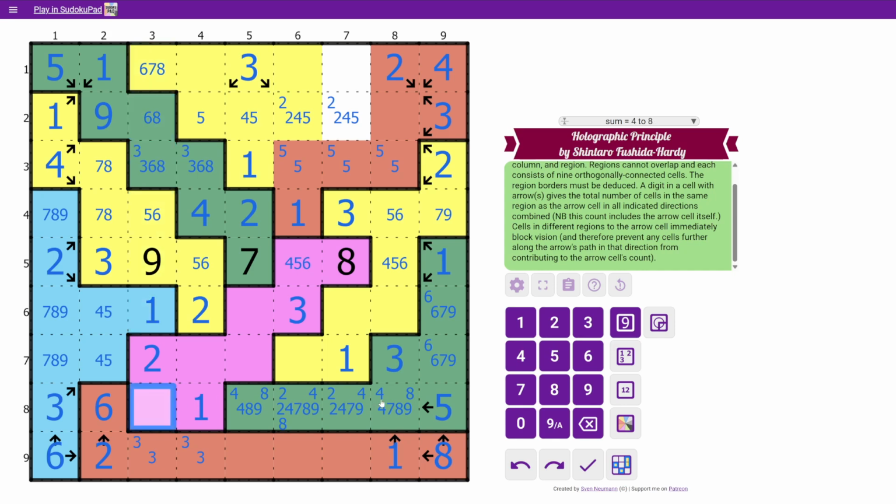And the 4 cannot go here because we know it goes on this section here because of the 4 blocking it elsewhere from green. So there would be no 4 in this column if it were not here. So that is 4, that is 3. And this is now 3. That should be the last 3.